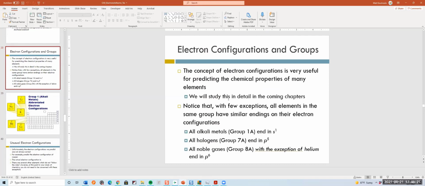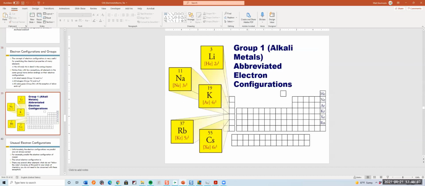This is going to be vitally important for figuring out how some of the chemicals behave. All alkali metals, for example, end in s1. If we look at the group 1 elements, lithium ends in 2s1, sodium ends in 3s1, potassium 4s1.